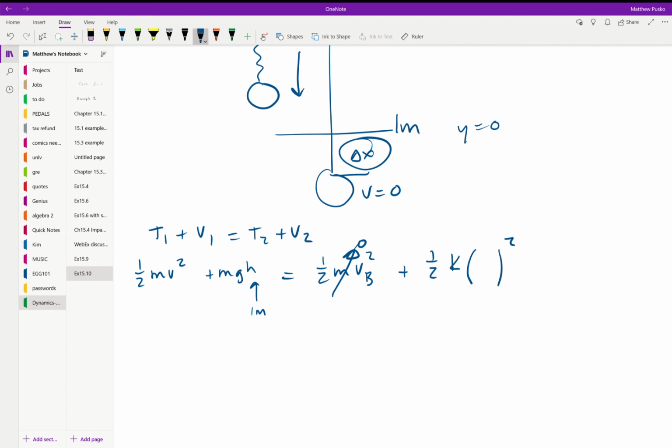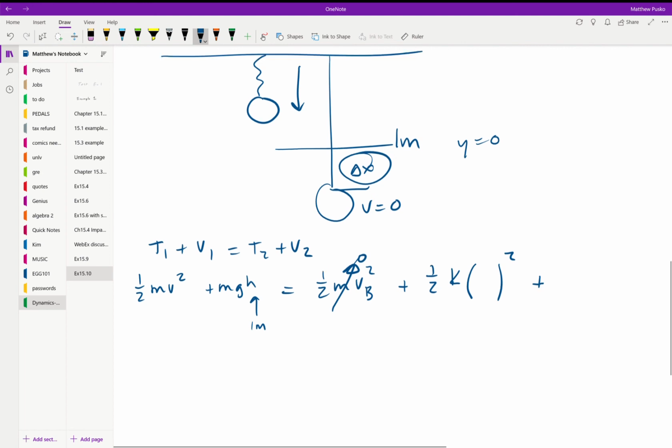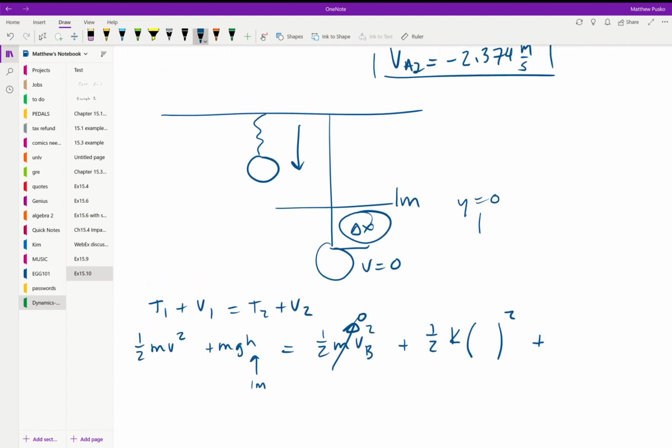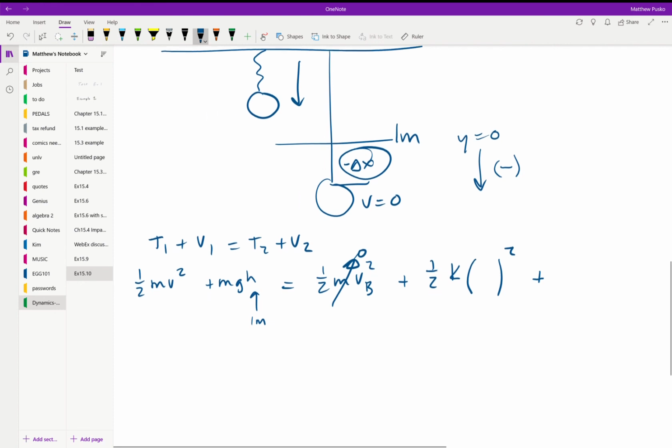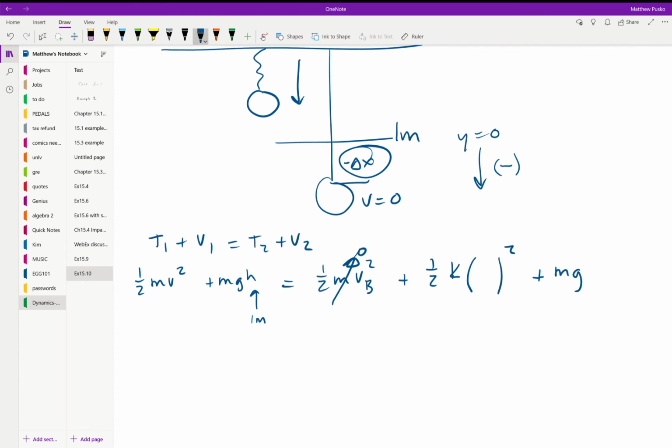I'm going to leave that blank for a second because I'm going to put the same term in for the potential. Now, I don't normally do a negative potential term. I would throw that on the other side to keep the minus sign away. But we're coming down, and if this is y equals 0, we're going in the negative direction, some negative x. So we're going to get a negative contribution to our gravitational potential energy, and I'm going to put a negative x in for that. You'll see for the spring term that does not matter, but we do need that negative sign right here.